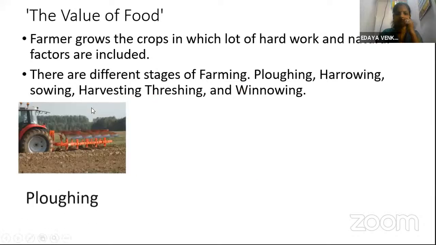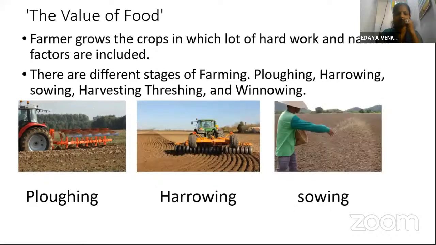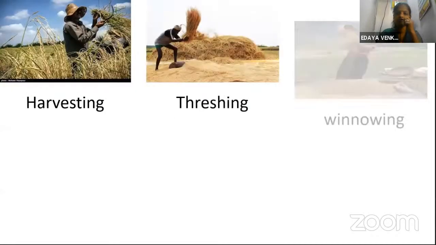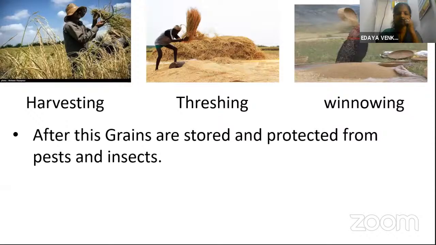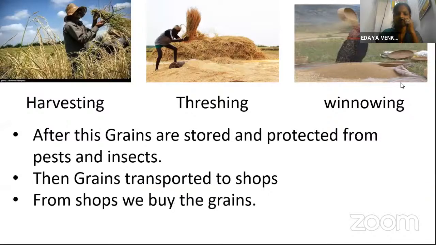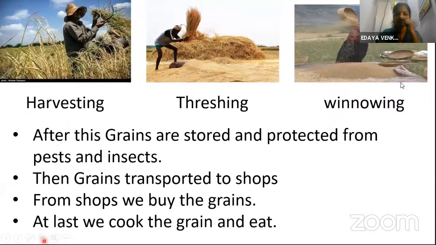After this, grains are stored and protected from pests and insects, then transported to shops. From shops we buy the grains and last we cook the grain and eat.